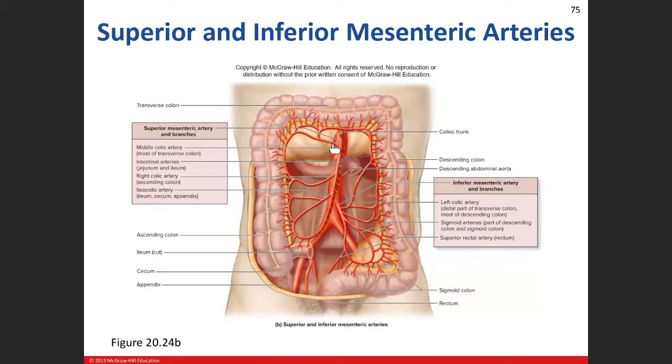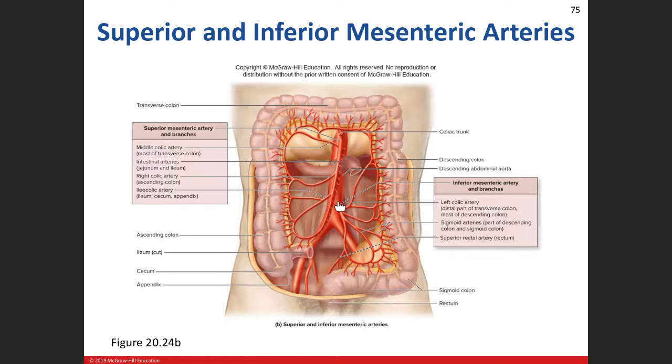The first branch is the middle colic artery, and it goes up and supplies the transverse colon here. Then we have this next branch, the right colic artery. It goes right to the ascending colon, and then down here we're heading towards this valve, the ileocolic valve. So the ileocolic artery is going to be heading down in that direction. That's how I remember it.